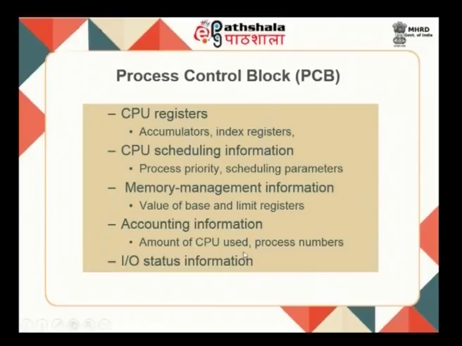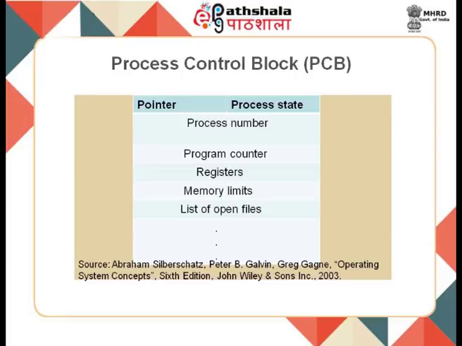Then IO status information, say the IO devices it has used and the time it spent on IO. All these can be maintained, and all these are maintained in something called a process control block. The process control block is a data structure which maintains all this information, and there is one PCB corresponding to each process, and different PCBs can be connected together by means of pointers.